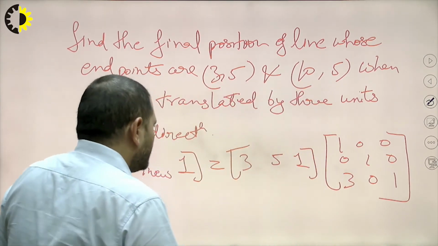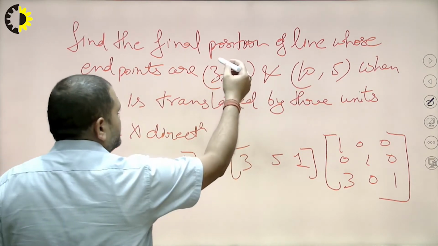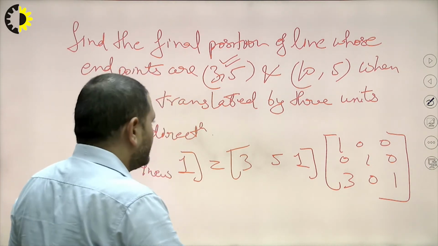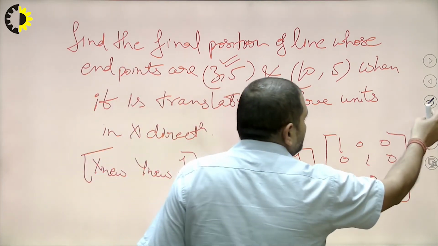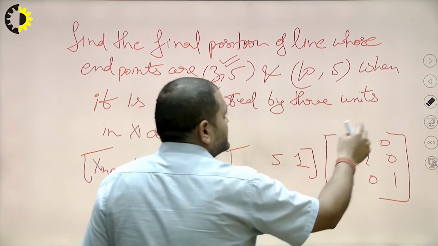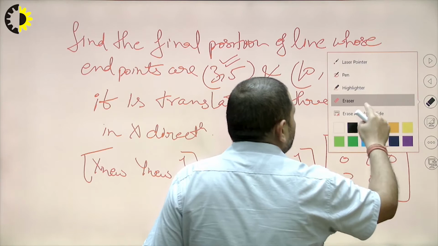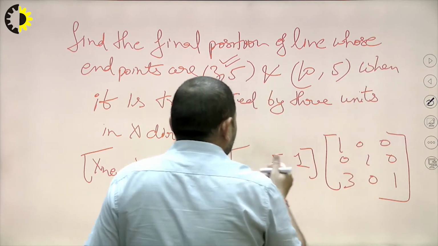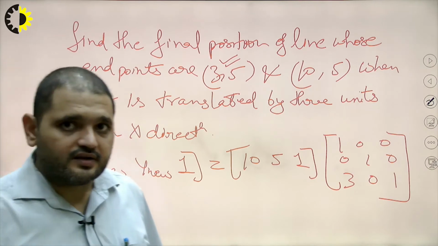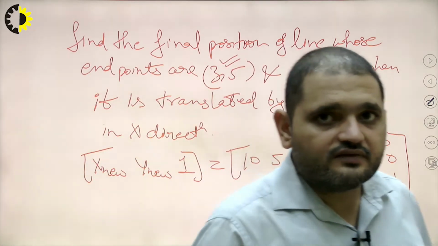This will give the new coordinates for this point, and for 10, 5 we can easily do the same by replacing it with 10 5 1.